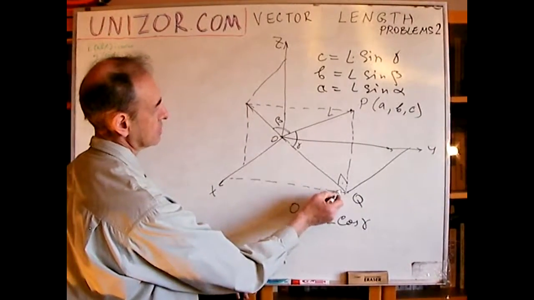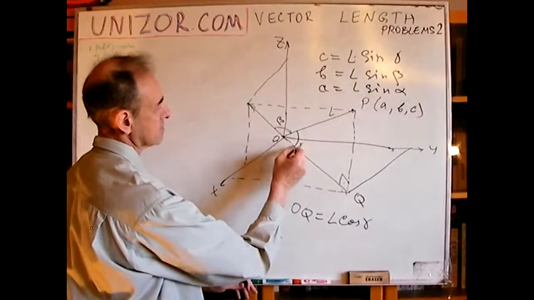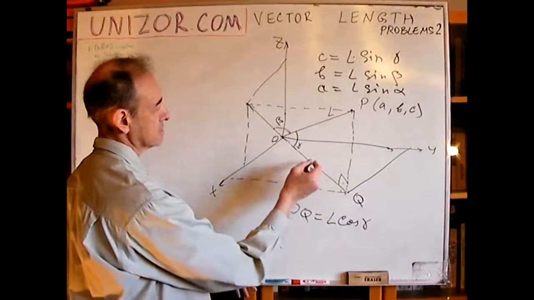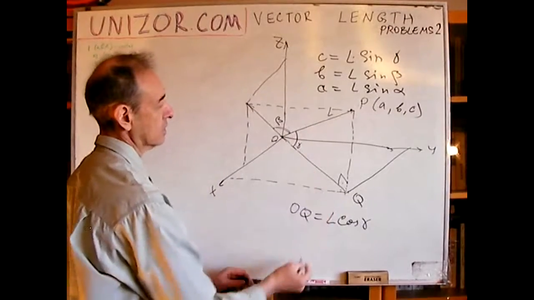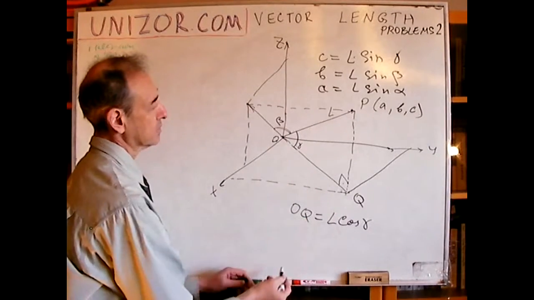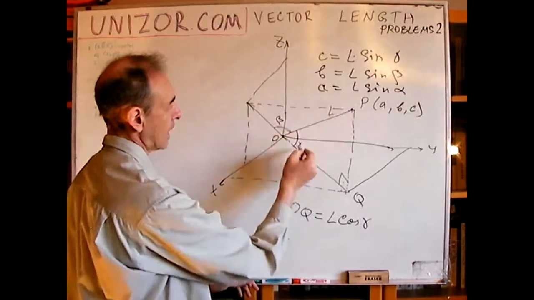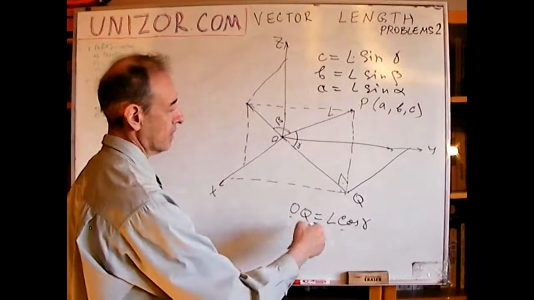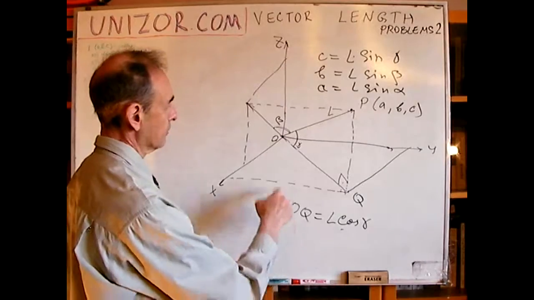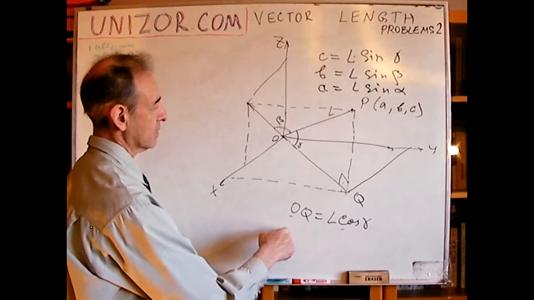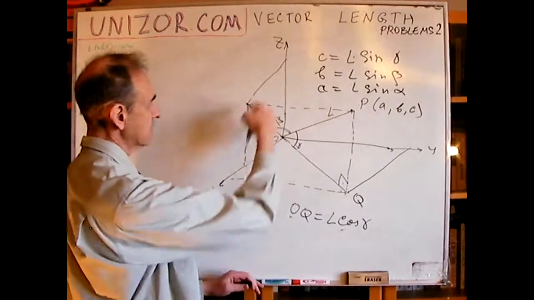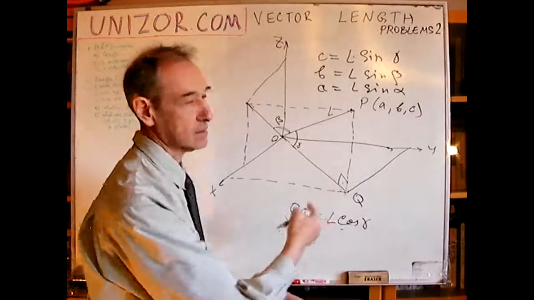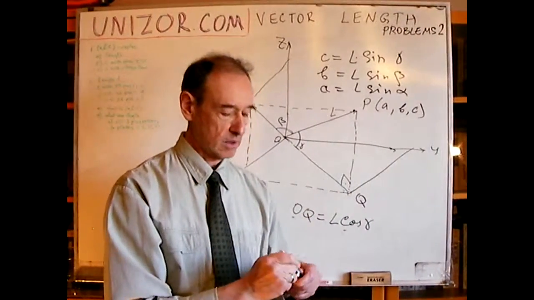This is catetus, this is hypotenuse, this is an adjacent angle. So the cosine of this angle is this over this. So this segment is equal to hypotenuse times the cosine. And similarly, the length of the projection on, let's say, xz would be L cosine beta, and correspondingly L cosine alpha.